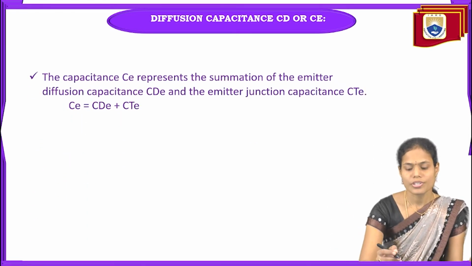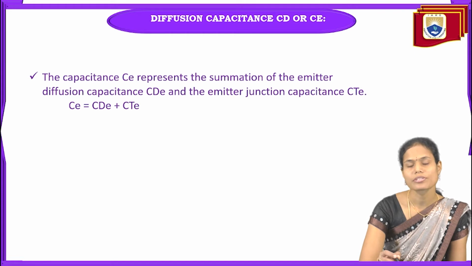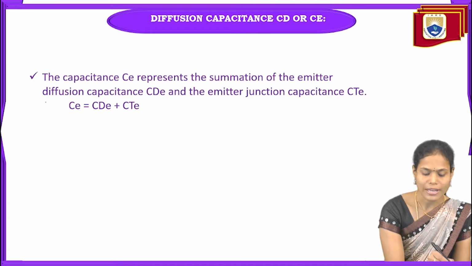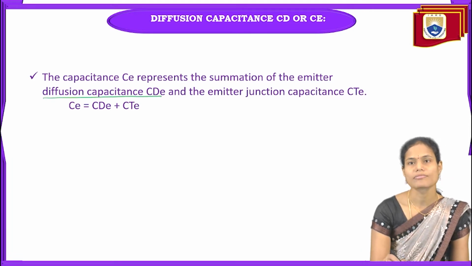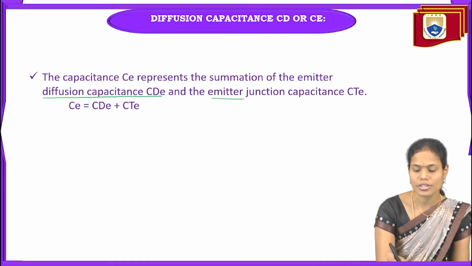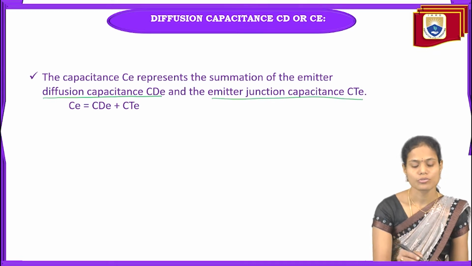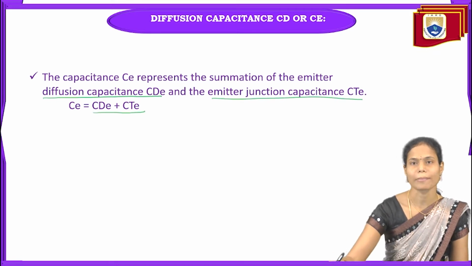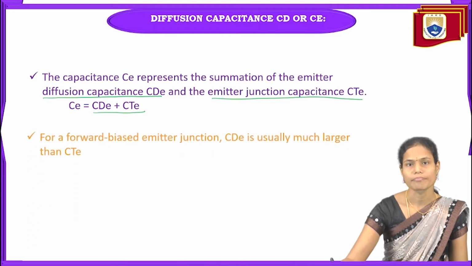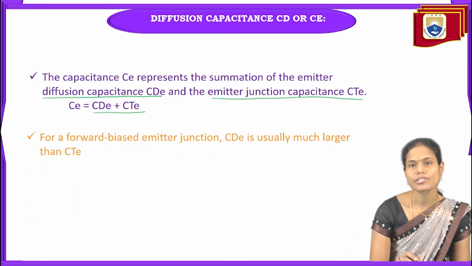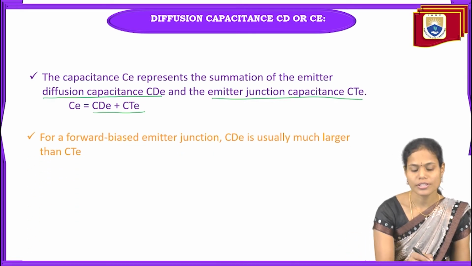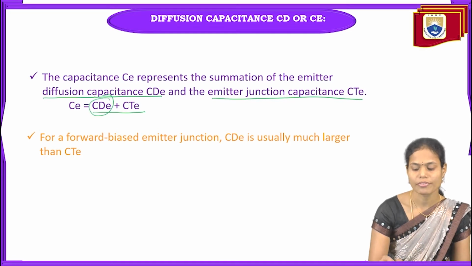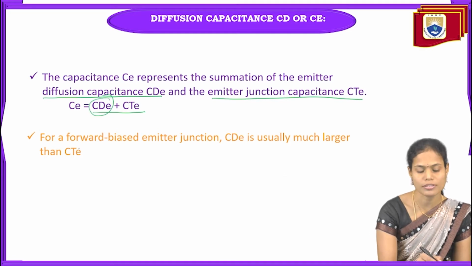Generally this capacitance is the sum of two capacitances in the circuit, that is the diffusion capacitance CDE as well as the emitter junction capacitance CTE. But for the forward biased emitter junction, the CDE value is very high compared to the CTE value.